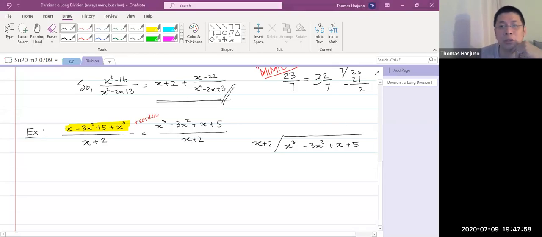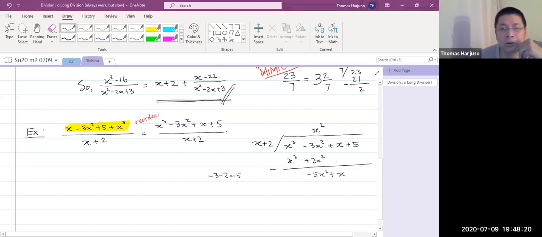X goes to x cubed, x squared times. So this will be x cubed plus 2x squared. When I subtract, negative 3 minus 2, that's negative 5. So this is negative 5x squared plus x.